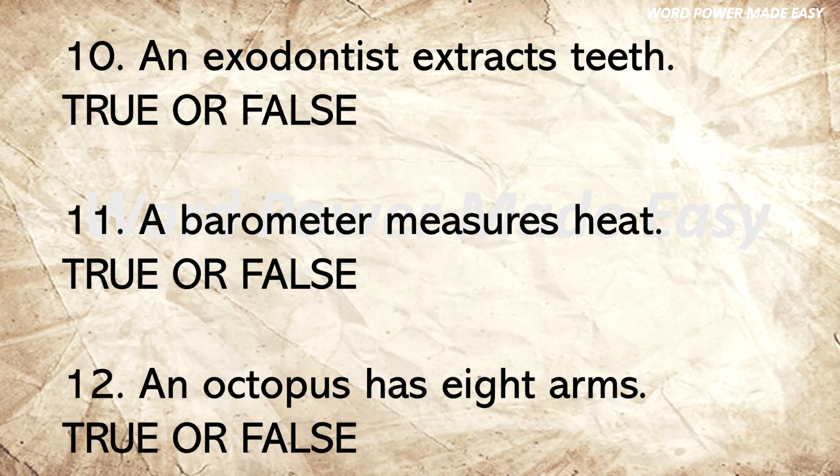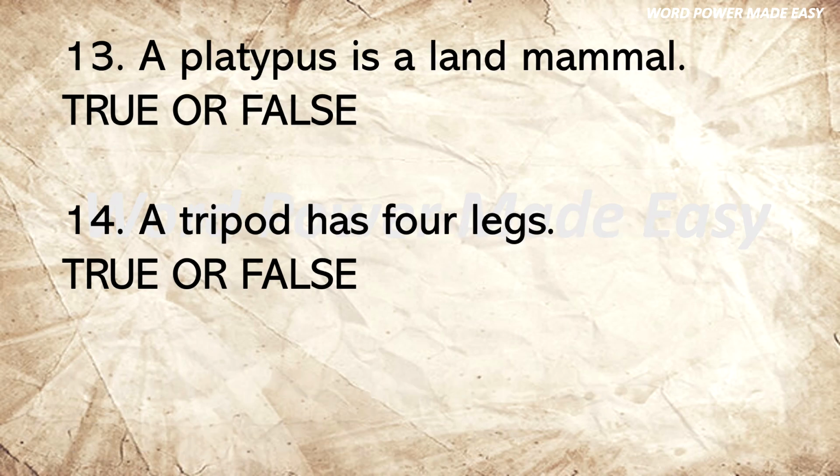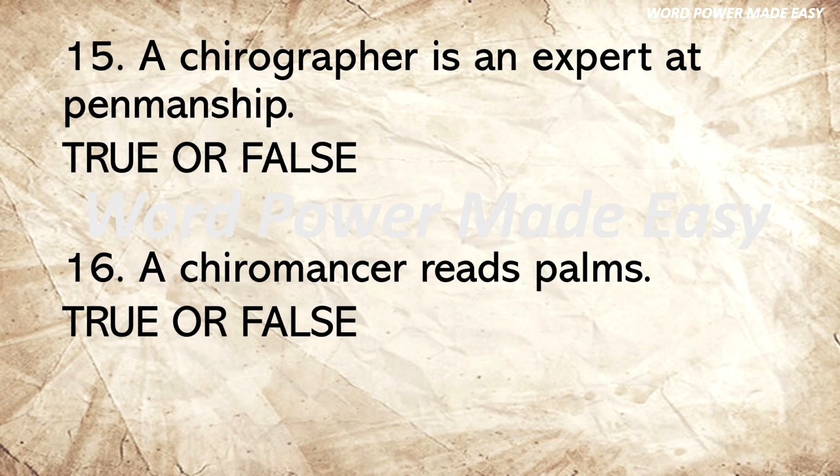True or false? 13. A platypus is a land mammal. True or false? 14. A tripod has 4 legs. True or false? 15. A chirographer is an expert at penmanship. True or false? 16. A chiromancer reads palms. True or false?